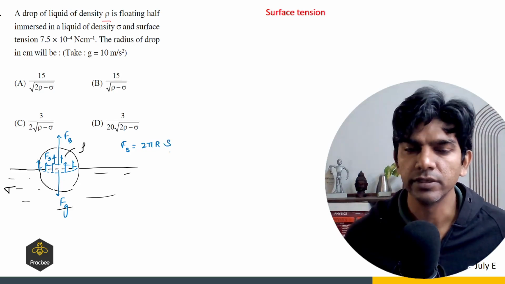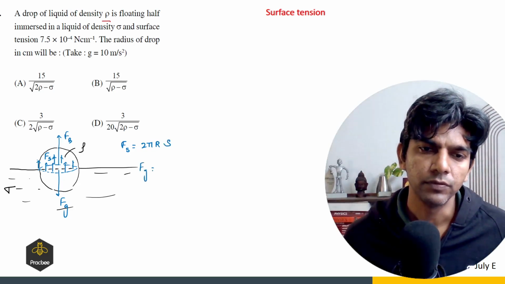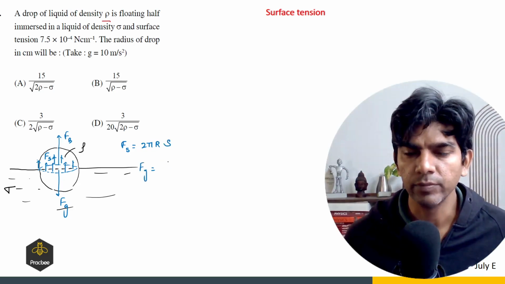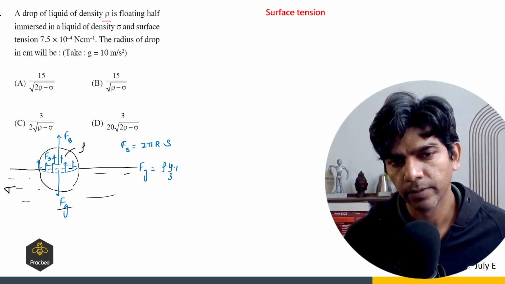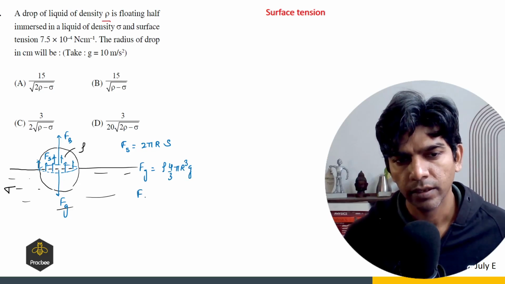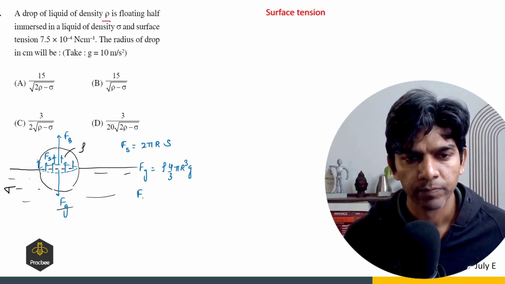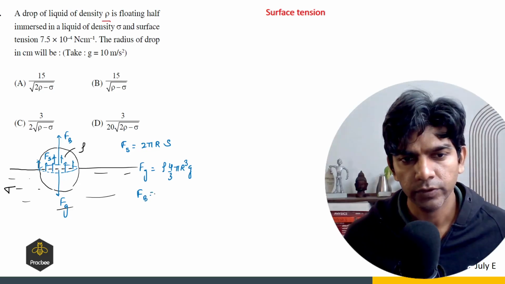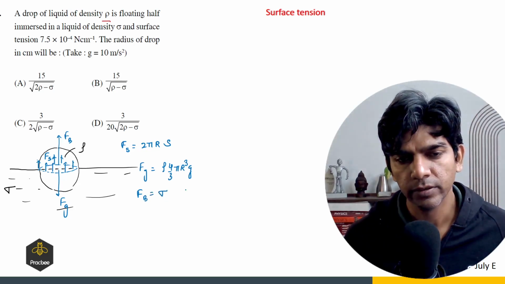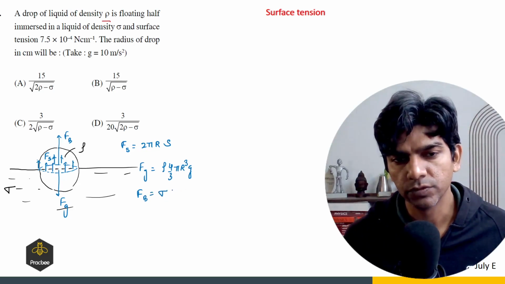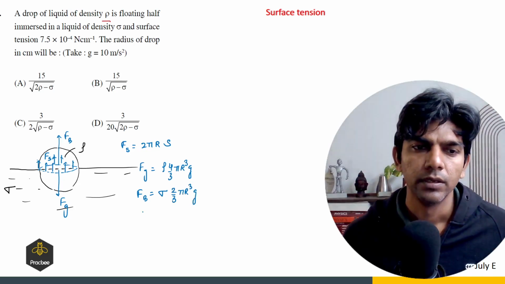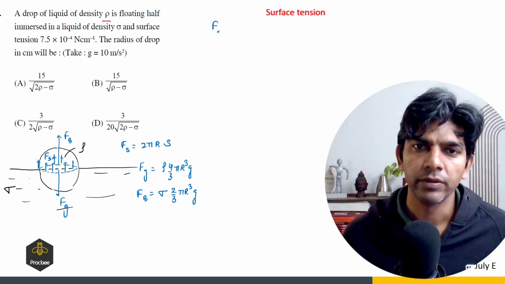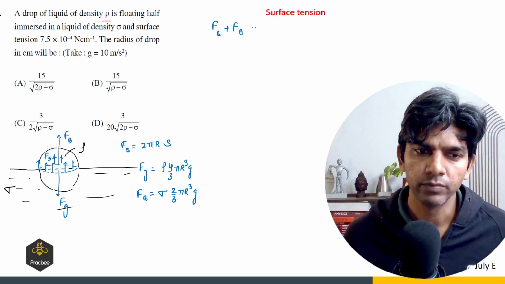I am taking surface tension as S, and the gravitational force will be mg, where m is the mass of this drop, and it will be rho times 4 by 3 pi r cube times g, and Fb will be density of the surrounding fluid times the volume submerged, which will be 2 by 3 pi r cube times g. Now it is in equilibrium, so we can say Fs plus Fb must be equal to Fg, right?